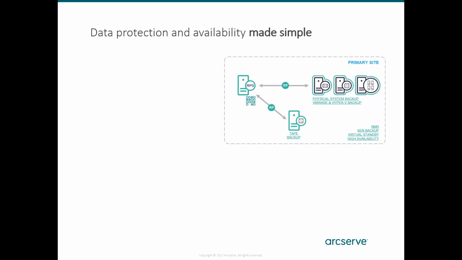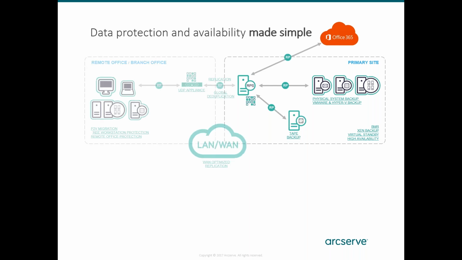Once the full backup is done, we do an infinite incremental backup, and we keep on doing the incrementals afterwards. On top of that, we have what we call global deduplication. Global deduplication means we can replicate the data across to other locations, but only the unique blocks. So we store only unique blocks.